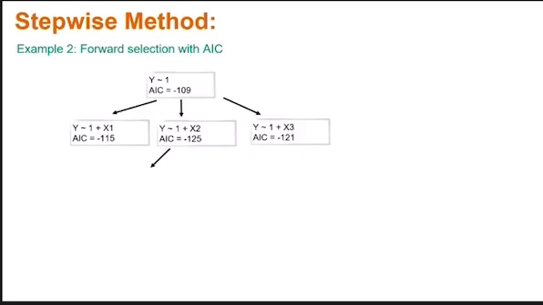And after choosing the most negative, I need you to pay attention now. If I want to consider two predictors, I'm only going to consider the two-predictor models that contain S2. I'm on S2 right now. So we're going to have the two that have S2 in them: S2 and S3, and S2 and S1.